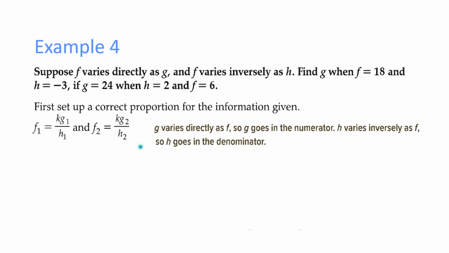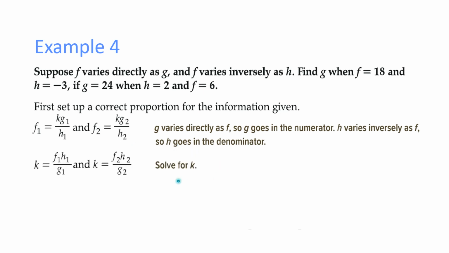This is because f varies directly as g, so g goes in the numerator. f varies inversely as h, so h goes in the denominator. So g1 and g2 in the numerator, h1 and h2 in the denominator.